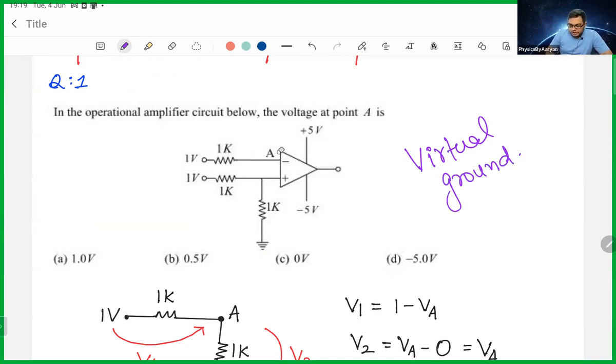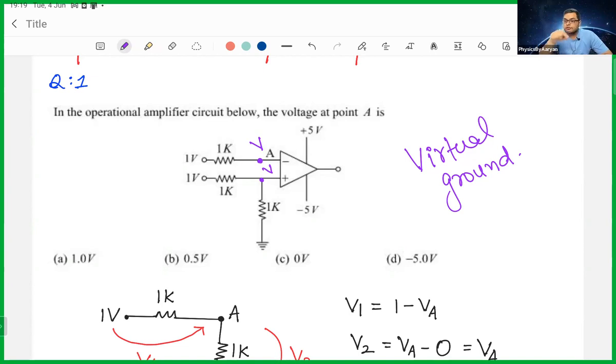Principle of virtual ground says that both the inputs of the OPAMP, I will repeat, both the inputs of the OPAMP are at the same voltage. So if the voltage at this point is V, then the voltage at this point is also V. The reason for that is that OPAMP has infinite internal resistance.